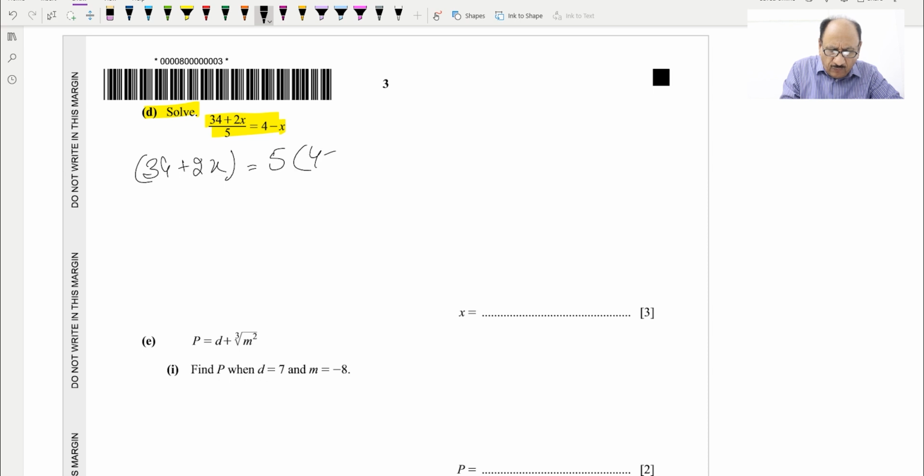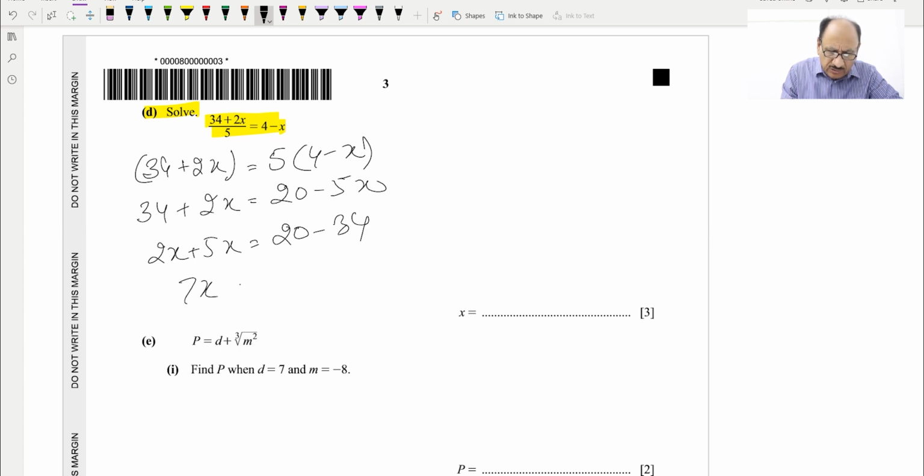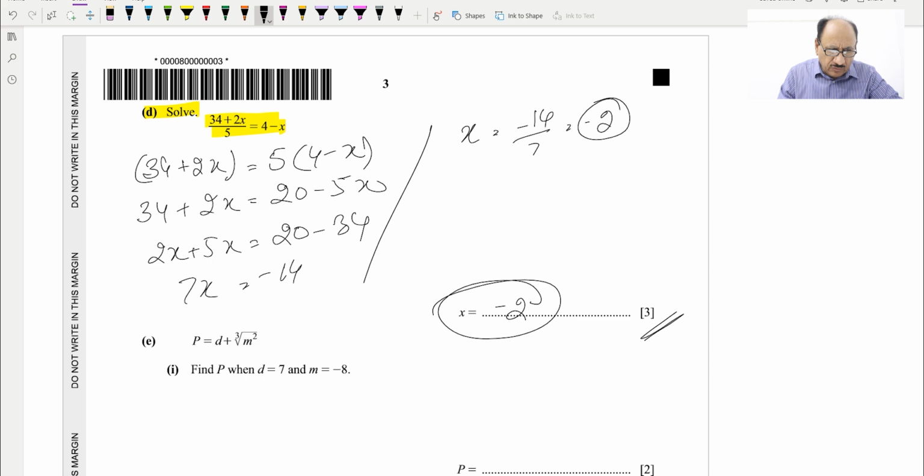So 5 into 4 minus x, and this will be 34 plus 2x is equal to, open the bracket, 20 minus 5x, and 5x we can shift to the other side, so it will be 2x plus 5x, and 34 also we can shift to the other side, so it will be 20 minus 34, and this will be 7x is equal to minus 14. So x will be equal to minus 14 over 7, which is equal to minus 2. So x is equal to minus 2 will be our final answer, and this is for 3 marks.